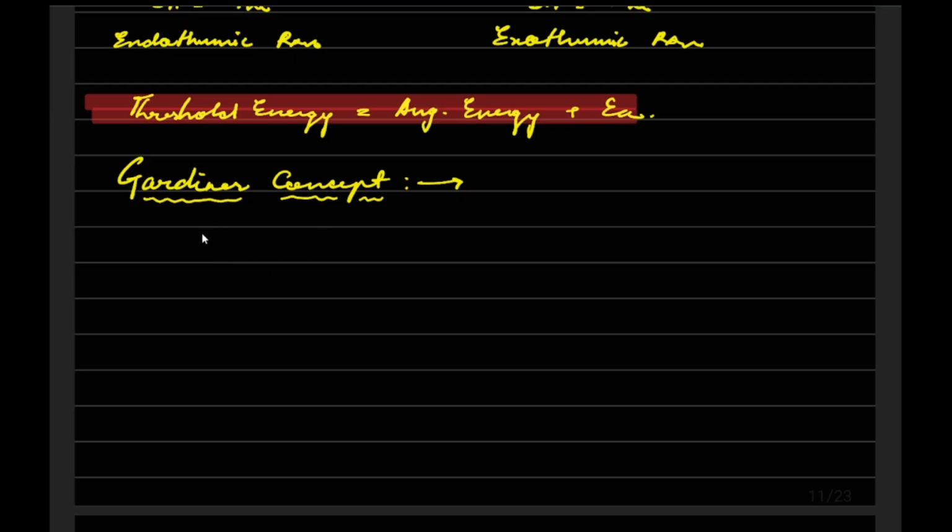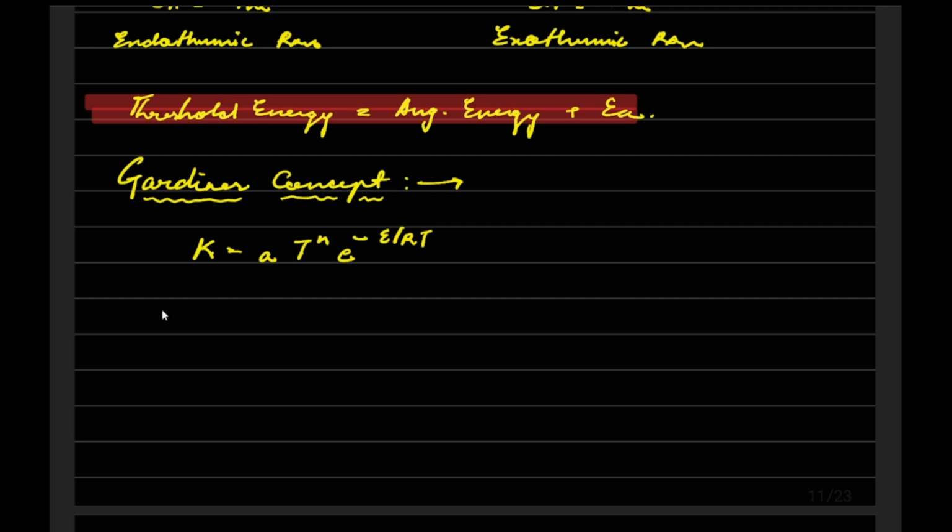So here k is equal to small a T to the power n, e to the power minus E by RT, where E is energy, R is gas constant, T is temperature, a is the exponential constant, and n is the power of temperature.